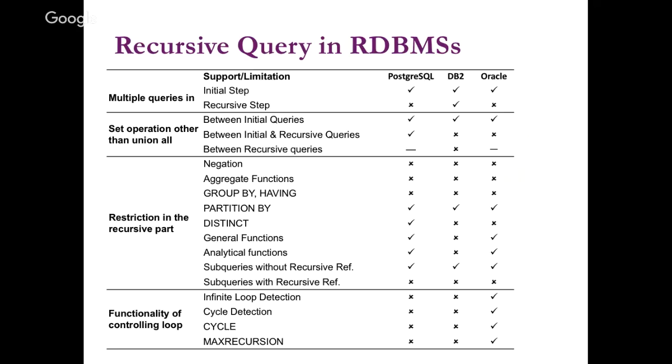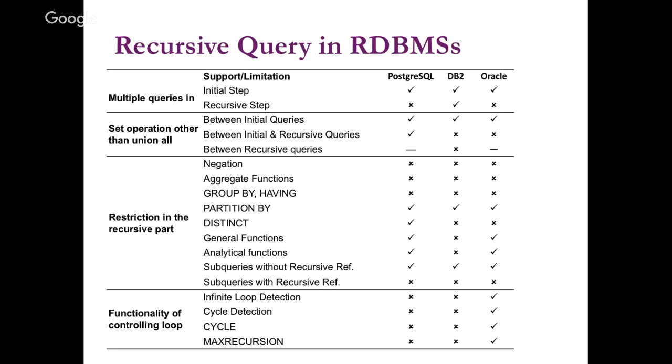We can see this table. Here only DB2 supports multiple queries in the recursive step, and only Postgres supports set operations other than union all to connect the initial and the recursive query. And there are many restrictions of monotonicity in the recursive part of these three systems.